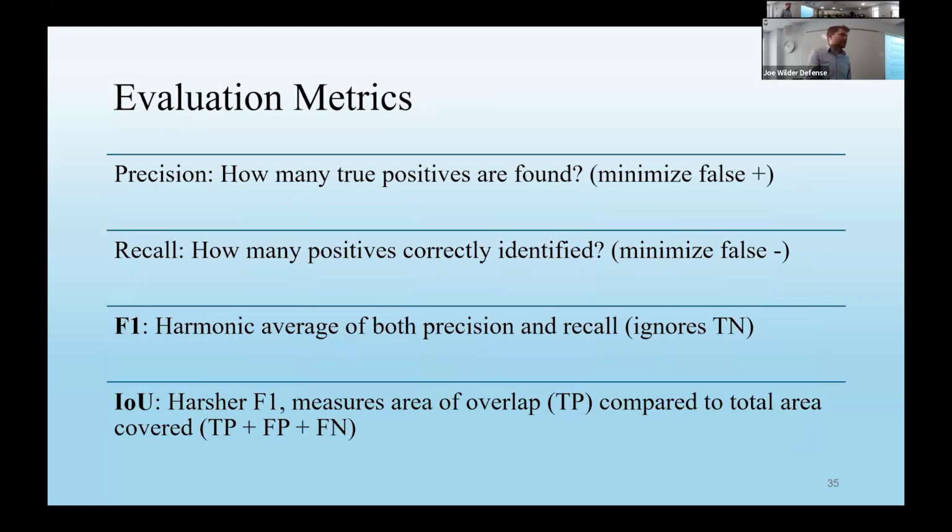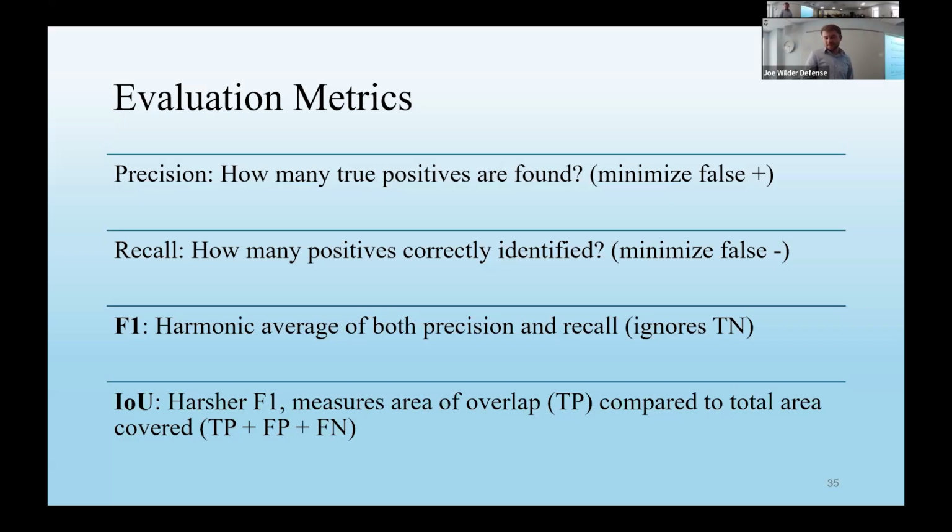So to go over some of the metrics that describe how well the model does, we do have accuracy, but that can be misleading sometimes. So I include F1, which is the combination of precision and recall. It's a way to make sure we're minimizing false positives while also minimizing false negatives.